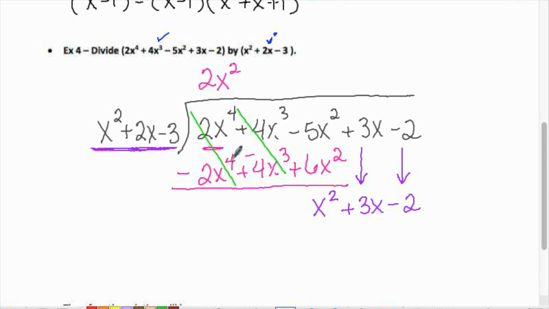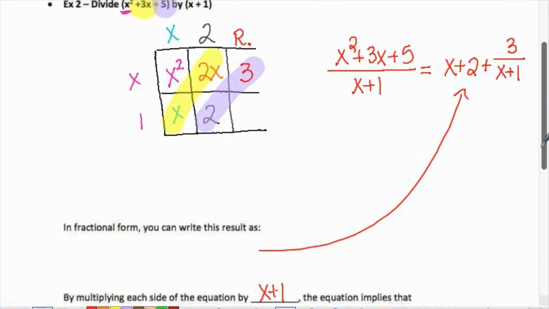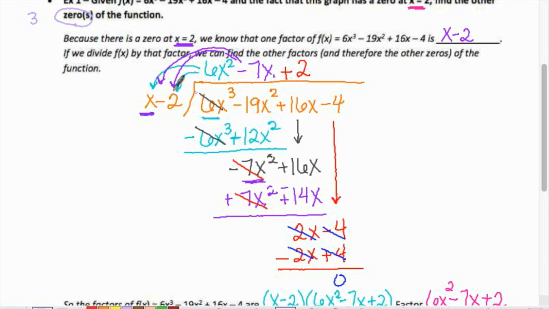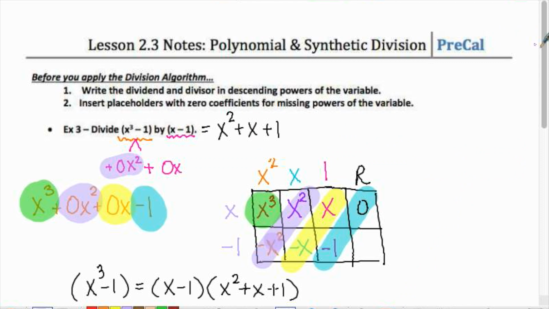Hopefully that makes sense. So each row that you create should have the same number of terms as your divisor. If you look back over here with this long division problem, notice we're dividing by a binomial, so every row that was created until we get to the end was a binomial. Okay, so same idea over here.